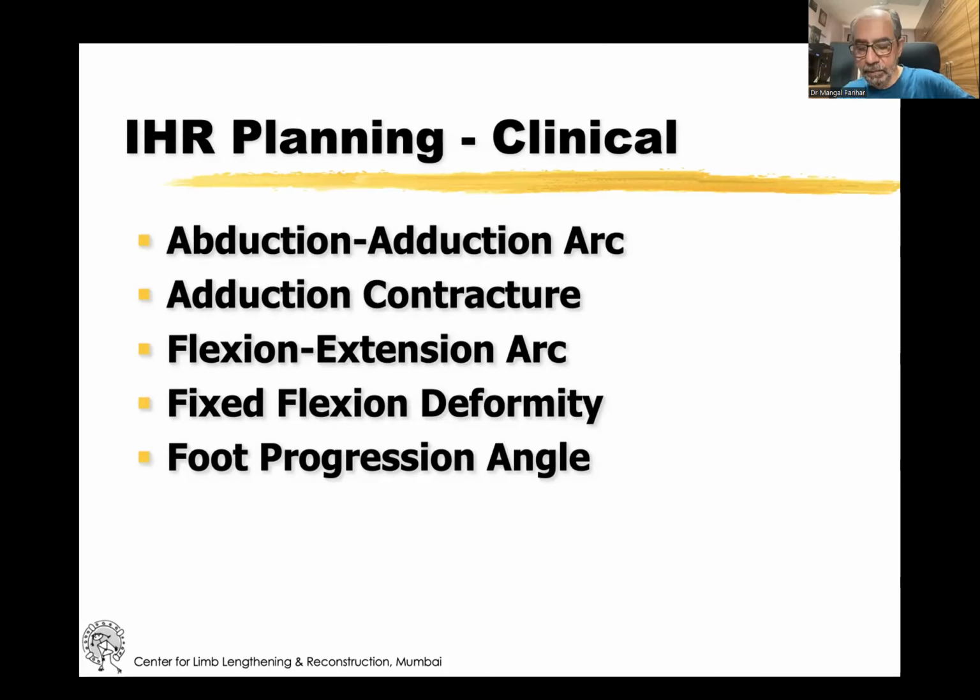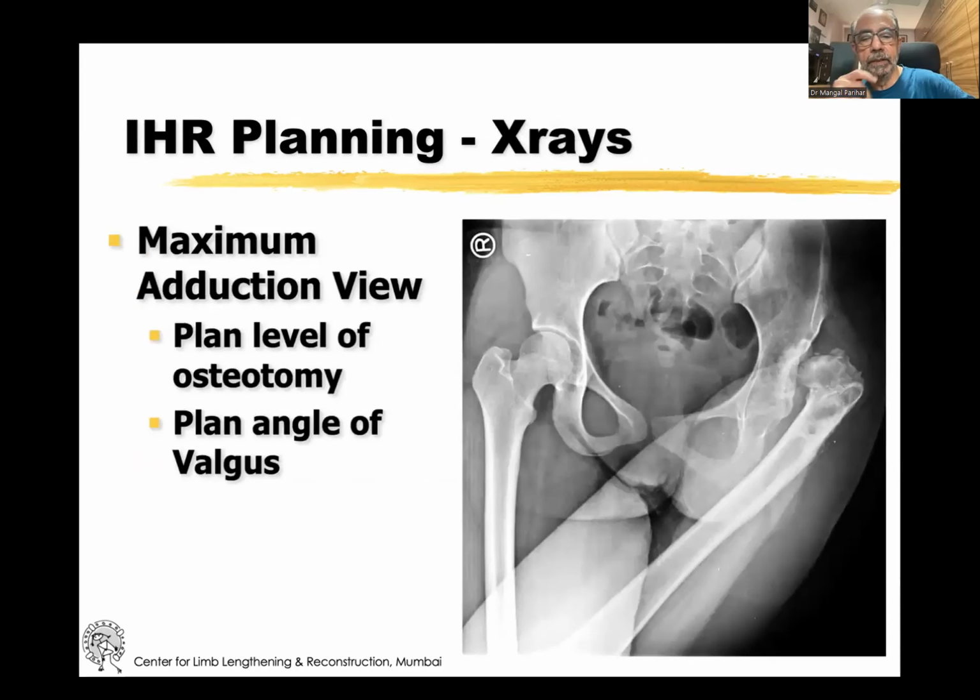Adduction, abduction, we factor in from the X-rays, how much we want. So we do a maximum adduction view, and with this we can plan the level of the osteotomy and the amount of valgus.